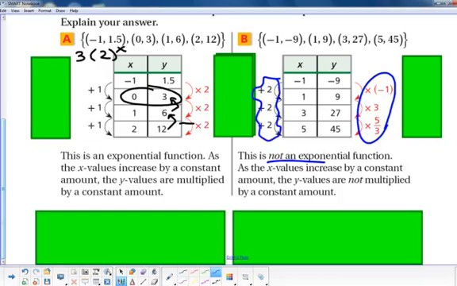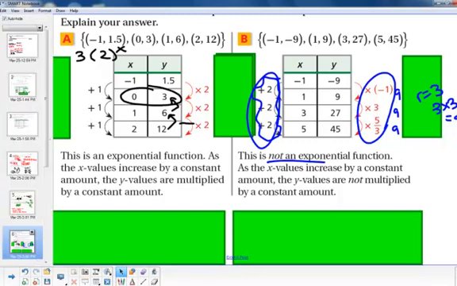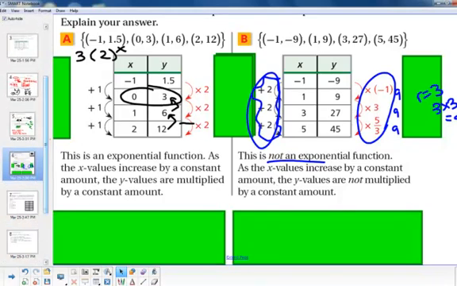Like if these happen to be 9 as a second, or as a first difference, then the rate would actually be 3, because 3 times 3 is 9, and this is going up by a multiple of 2. So you might just want to put in the missing pieces. It'll be easier to find your rate.